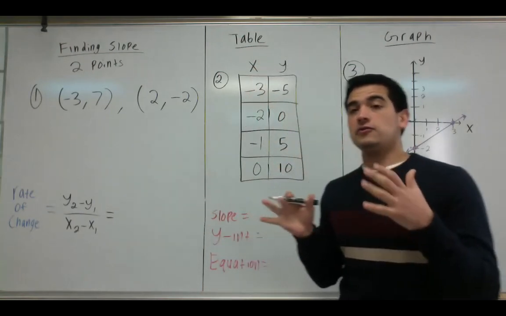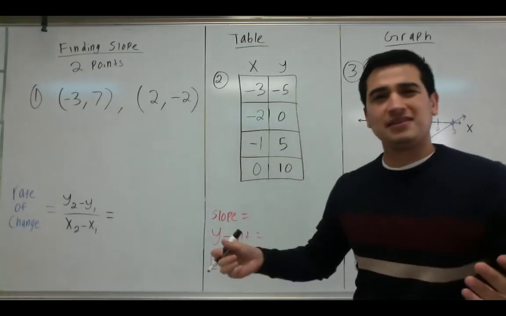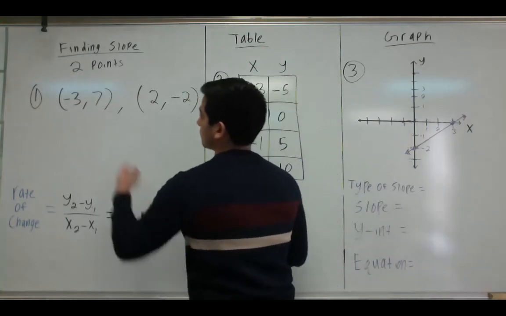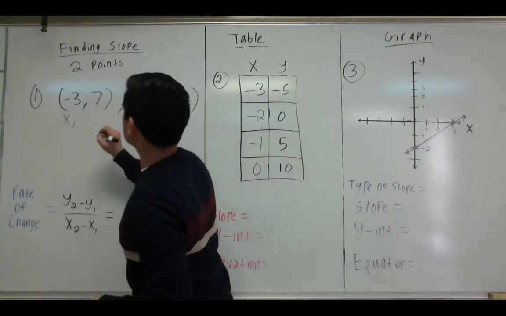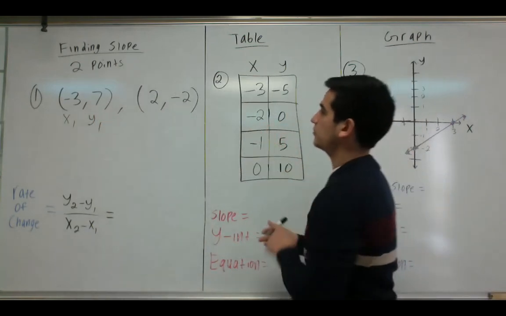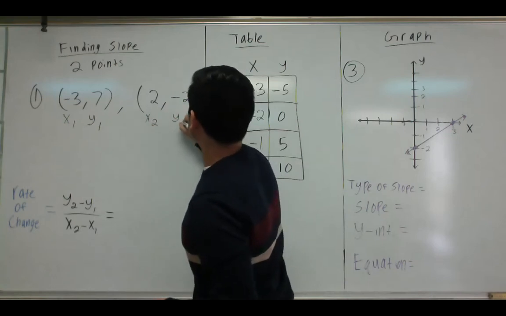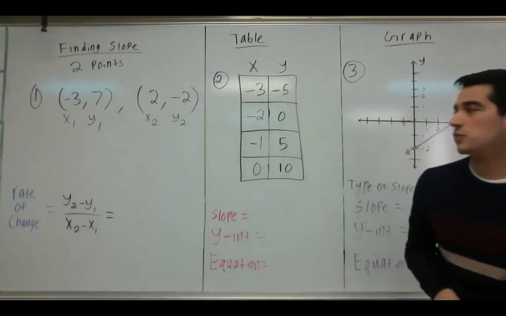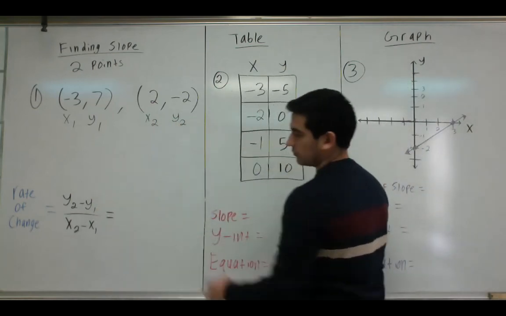So when we use this formula, the first thing we need to do is label all of our points, right? I've said that many times before. So here I have (-3, 7). -3 is my first x. 7 is my first y, right? Next point, (2, -2). 2 is my second x. -2 is my second y, okay? So now I take those points and I plug them into my formula, okay?